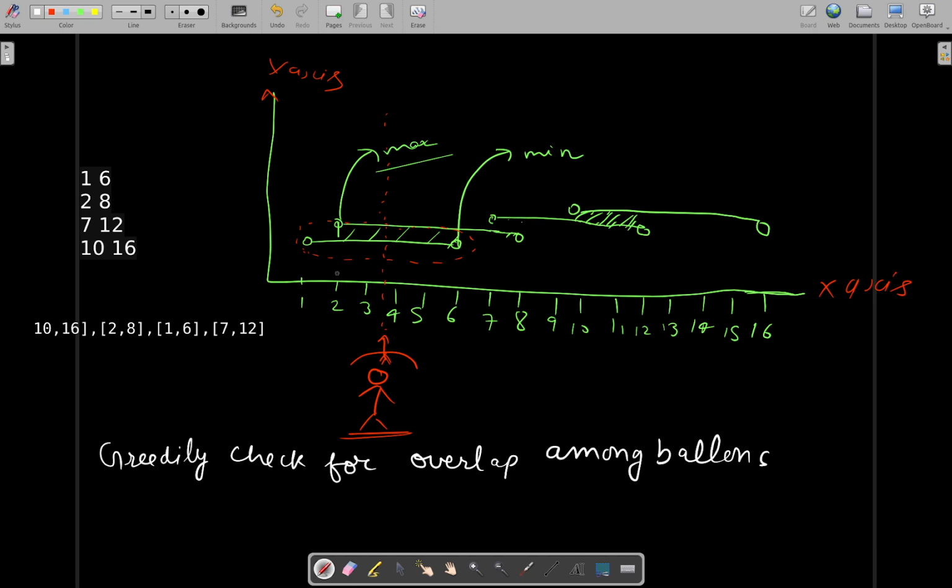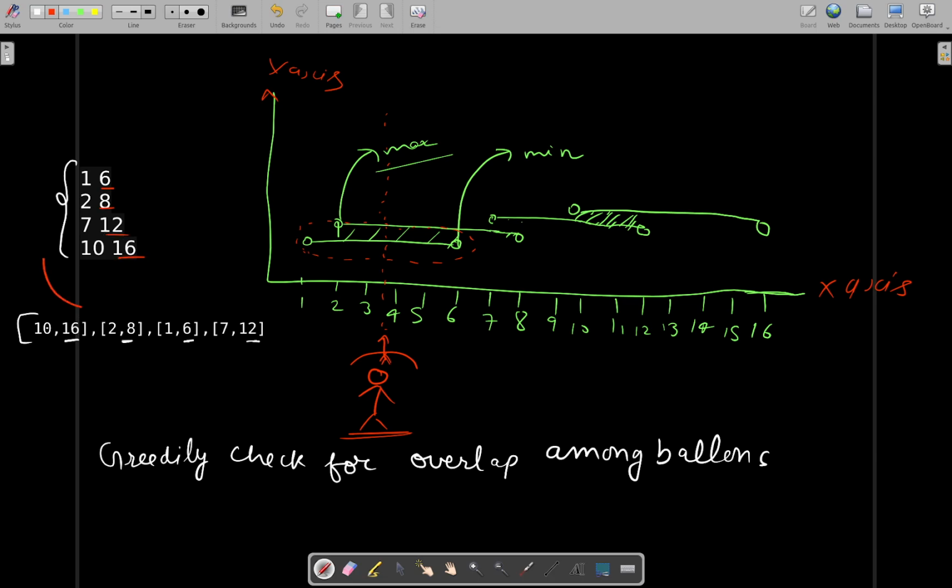So let's say the person is standing here. For that overlap checking, we will sort our points array according to the endpoints of each diameter. As you can see, these endpoints are in increasing order right now after sorting.